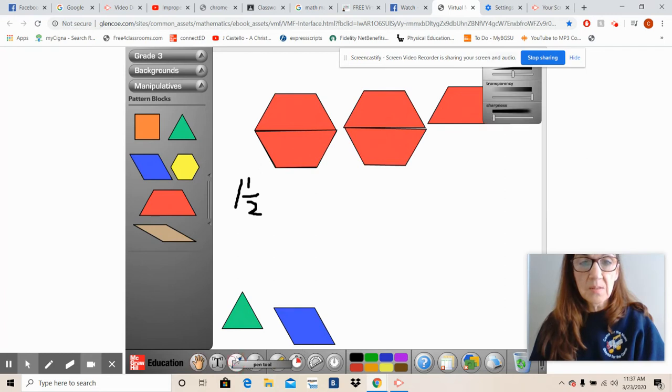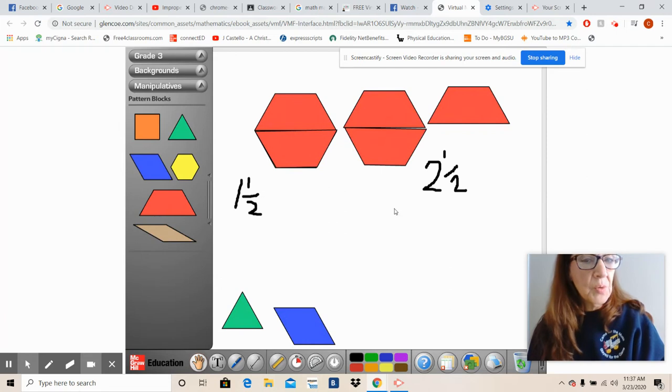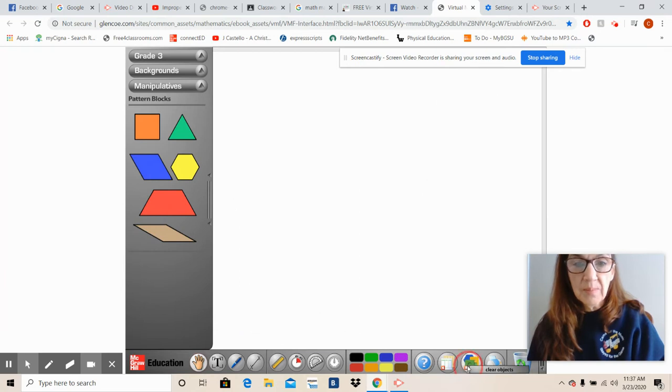The answer is 2, because we have 2 whole ones, and we have half of another one, 2 1/2. Okay, all right, so we have 2 whole cakes plus 1/2 more. So I'm going to clear these off.